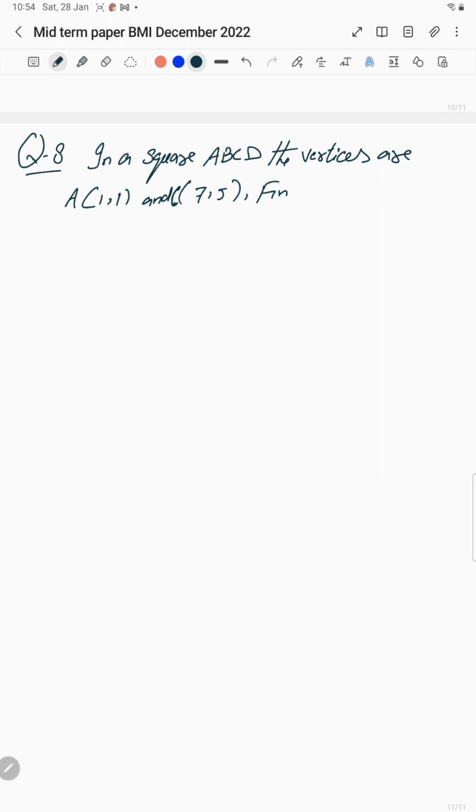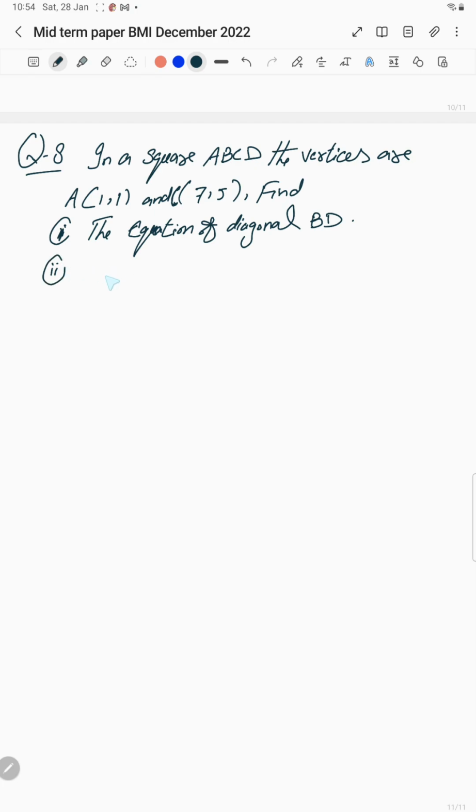We have to find, number 1, the equation of the diagonal BD.